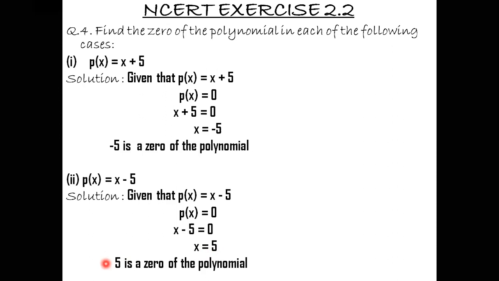So what can you conclude? That 5 is the 0 of the polynomial. In other words, if I put the value of this 5 in the equation, I'll get the answer as 0. You can do the calculations here itself. If x is replaced by 5, so 5 minus 5 is 0. So x is equal to 5, that is, 5 is the 0 of this given polynomial.